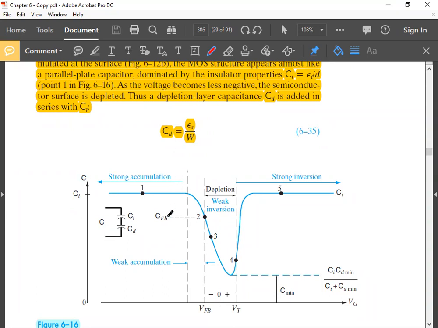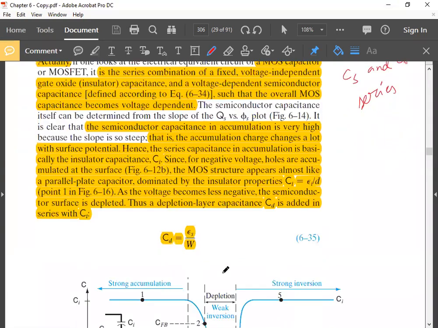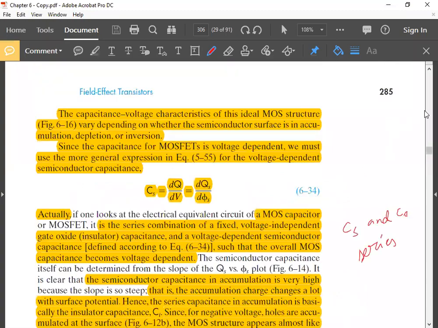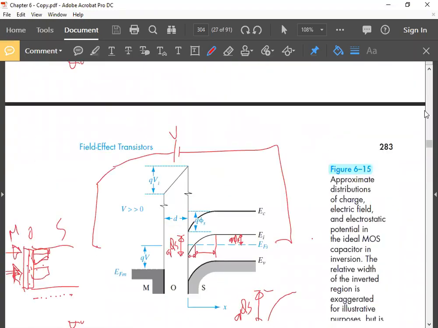It's not mentioned here; that's my understanding. Anyway, you are increasing voltage even further. So what will happen after flat band? You will move into depletion, right? From accumulation, you will go to flat band. So the bands were bent like this.